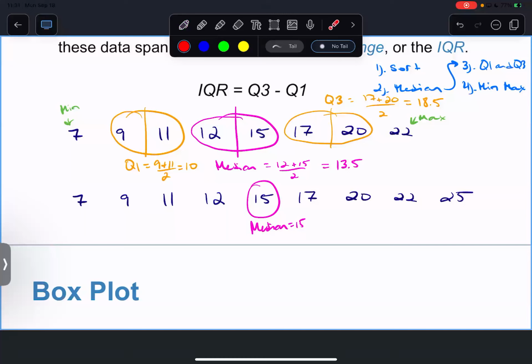And so now I can't use this anymore because it's already been used as the median. And so what happens when I find the quartile now, I'm still going to be taking the average here, but from a different route.